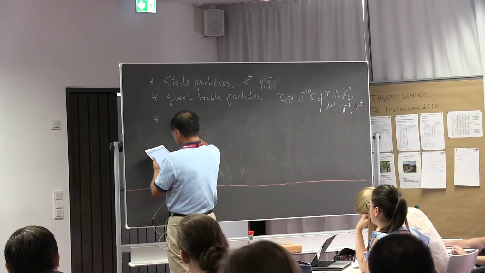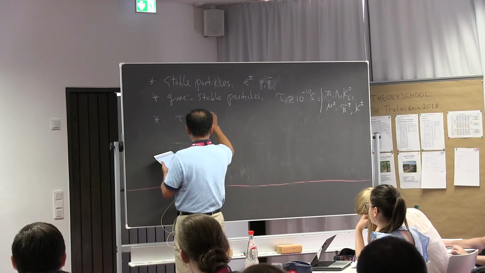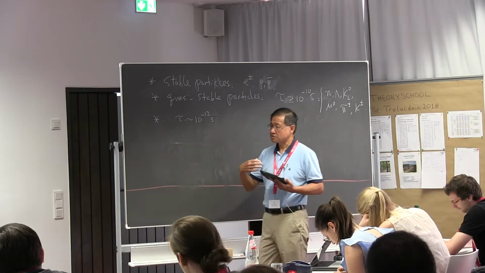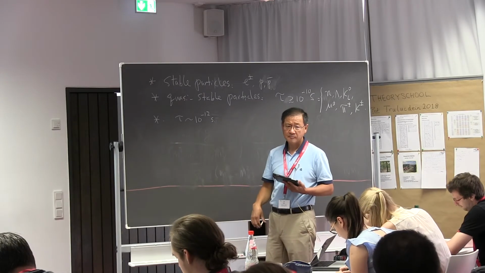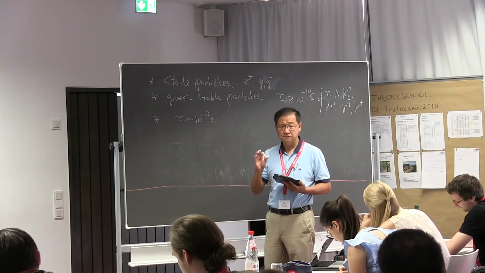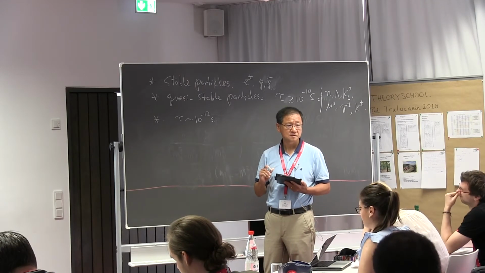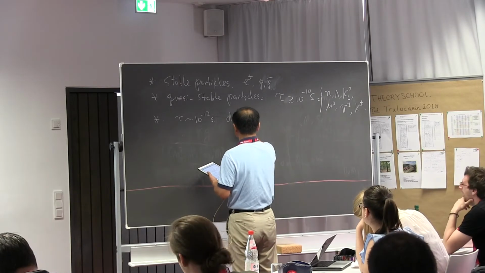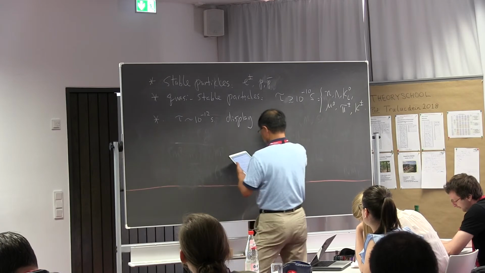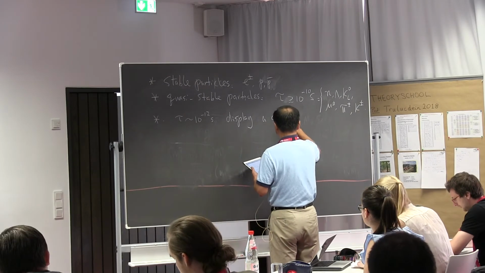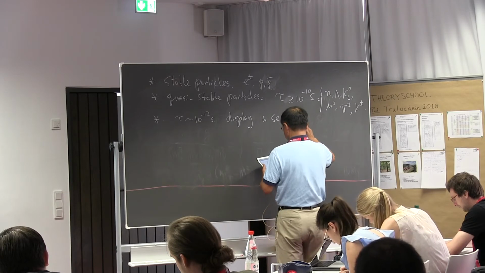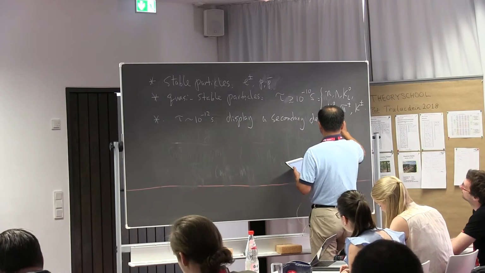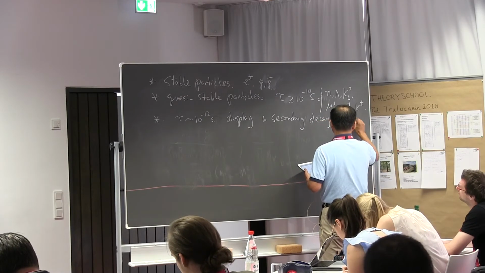We commented already, somewhere at the borderline, with a lifetime tau of order 10 to minus 12, they displace, travel, but then they decay. That's very characteristic, very, very interesting, very, very important. So this is a particularly important displaced case.